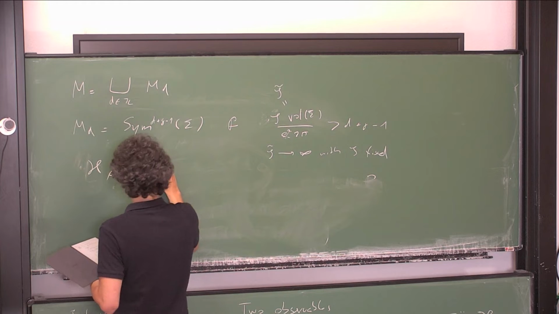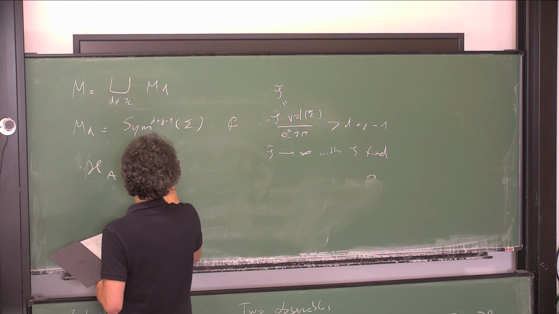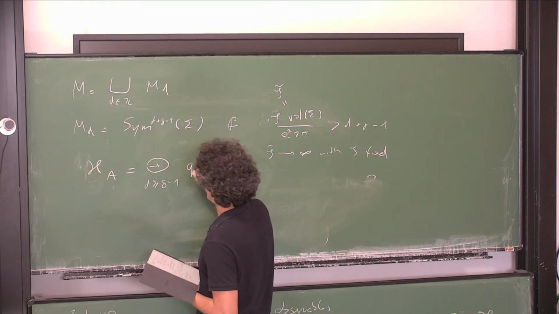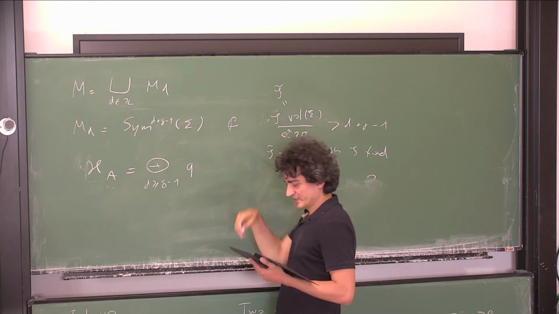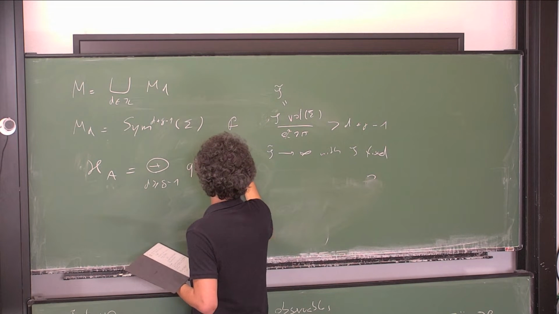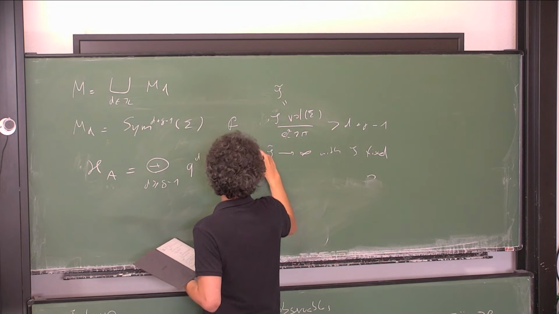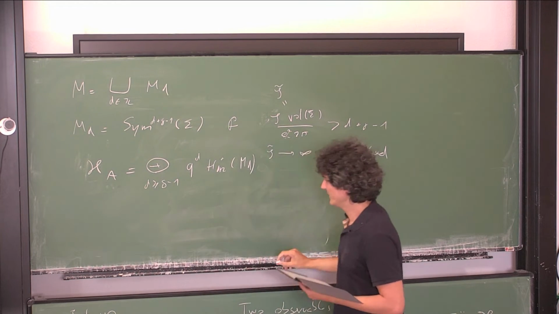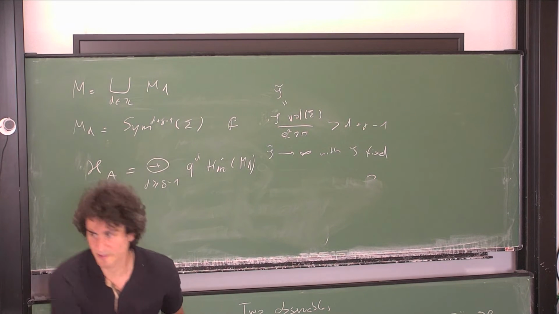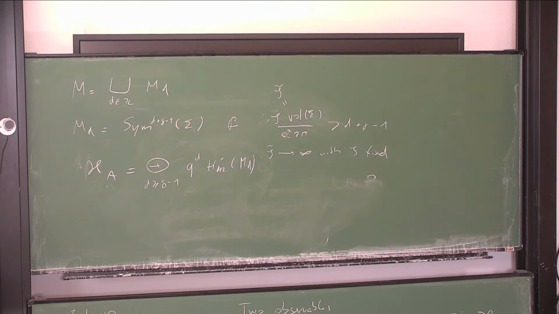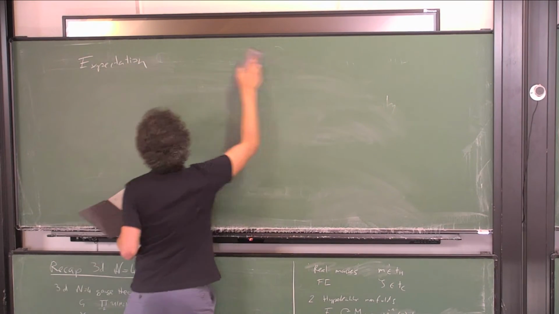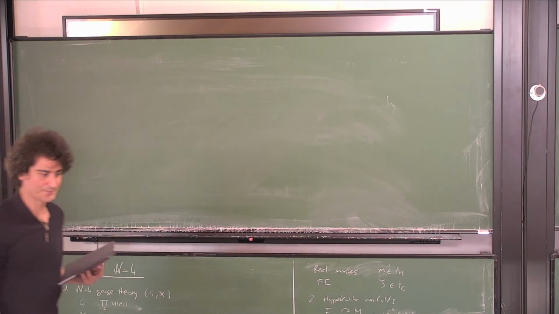But in this case, the space of states is going to be the de Rham cohomology of MD for all D, and you can write this down in a very nice way if you tweak a little bit your gradings.